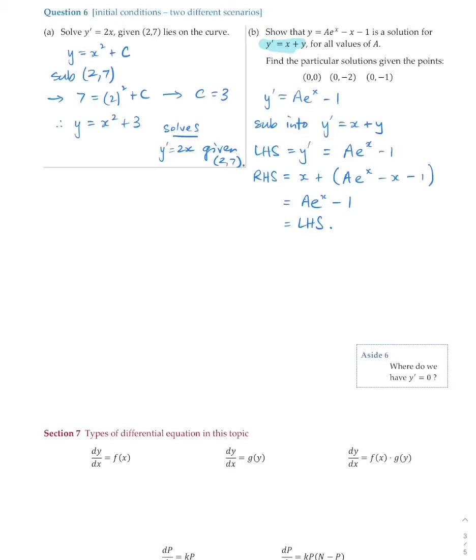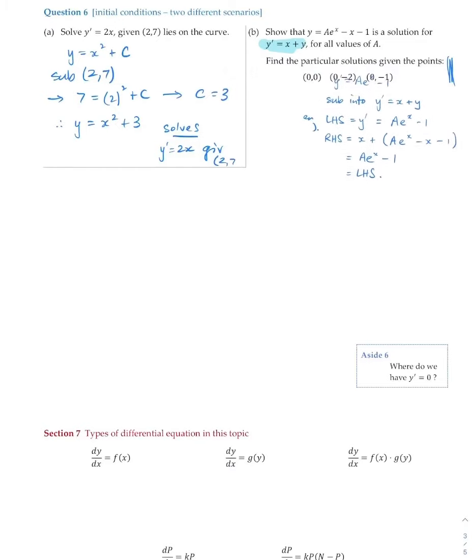Now, what about this part here? Find the particular solutions given these points. We're really just finding the values of a, just like in other cases we'd be finding the value of c.